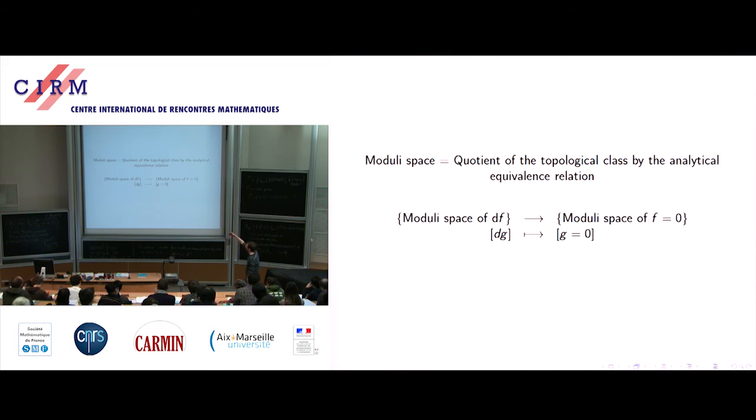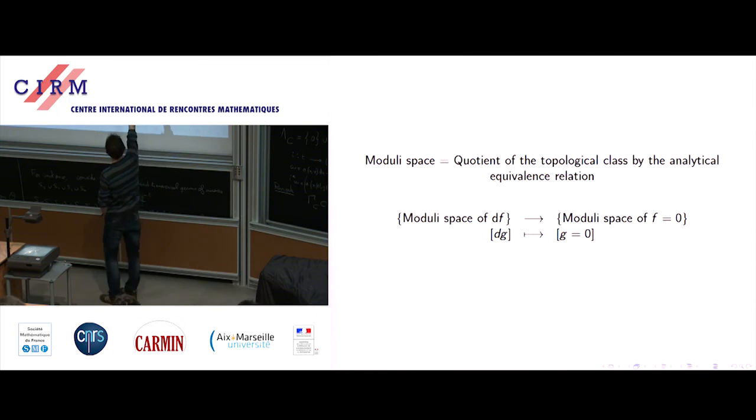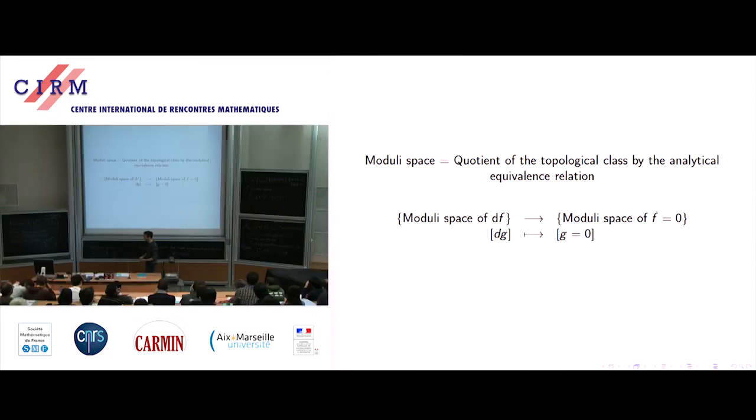You look at the moduli space of df, which is the moduli space of the foliation given by the level curves of f. This space can be sent naturally to the moduli space of the curve f equal to 0, which is exactly the moduli space we are actually studying. So the problem of Zariski concerns the comprehension of this space.